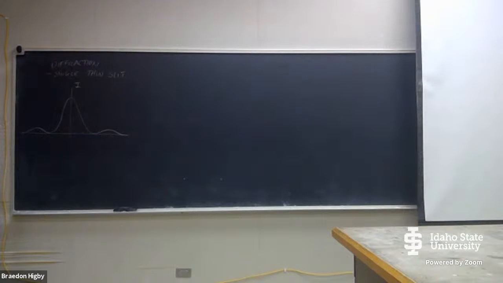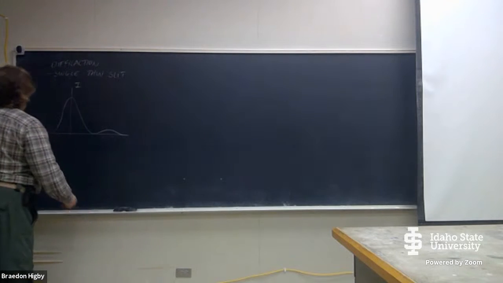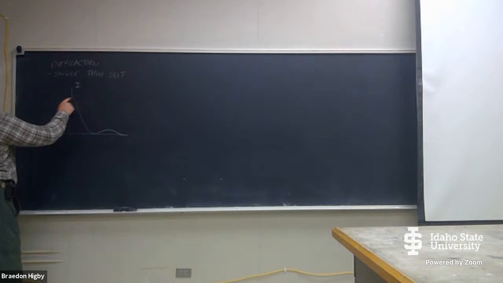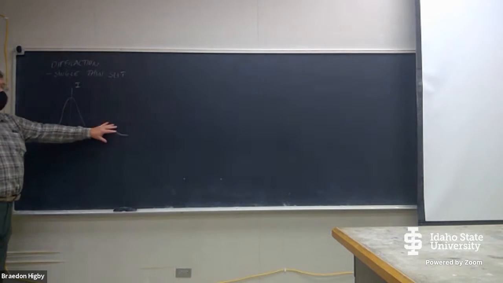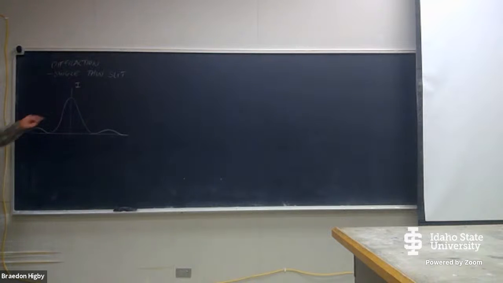And in interference with two thin slits, what you had is two patterns like this superimposed, with the peaks offset just a little bit, which would give you a bright central area and dimmer secondary areas. But within that, you would have interference.